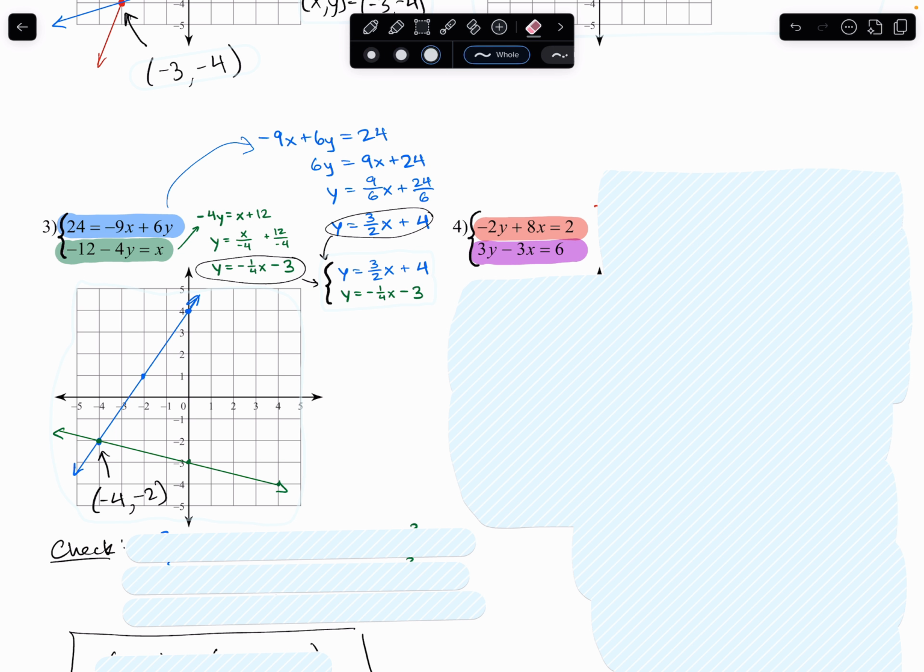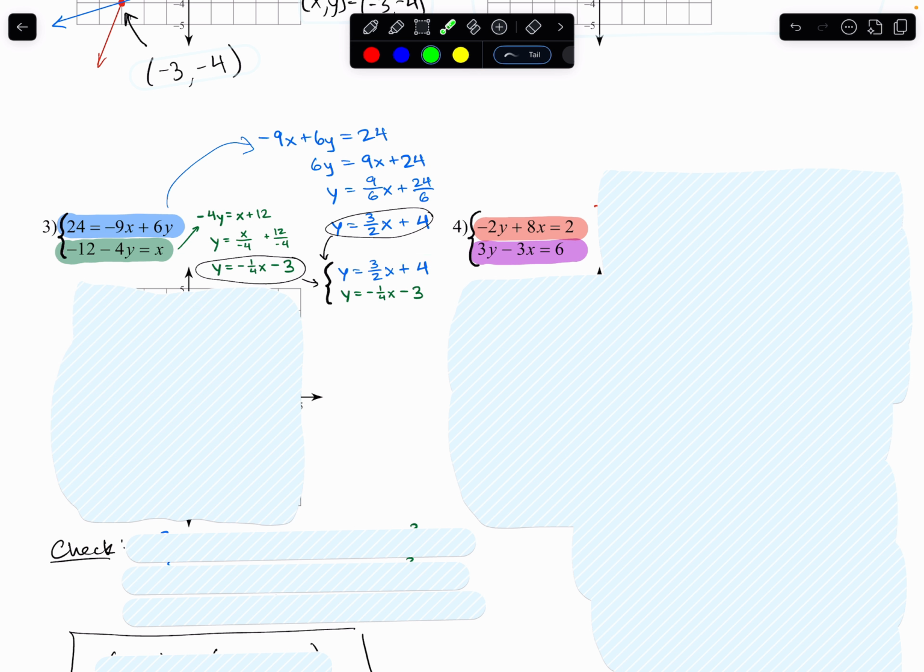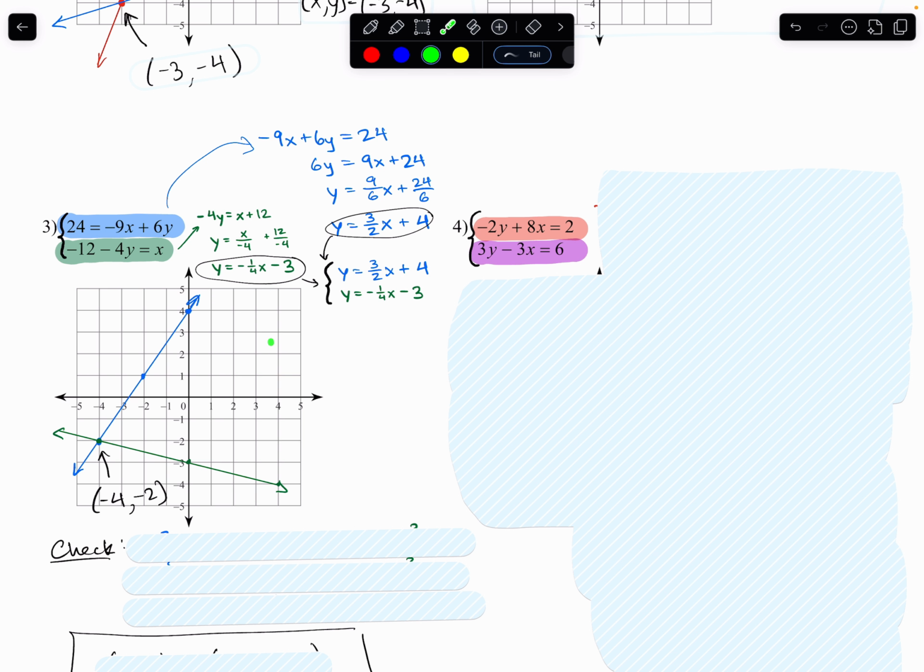Our first equation, our blue equation, has a starting point of 4, and it has a slope of 3/2, so I went down 3 and to the left 2 to graph our line.